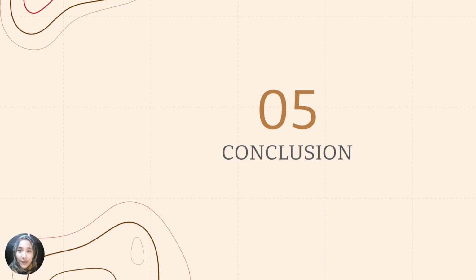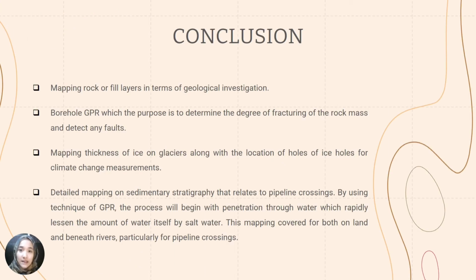Hi, my name is Haekal, and I'll continue with the conclusion. There are many types of applications based on GPR, ground penetrating radar, but this slide mainly focuses on geological engineering. The first application is mapping root of field layers in terms of geological investigation.